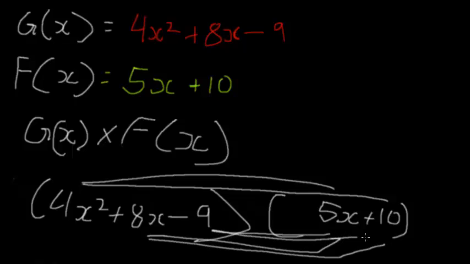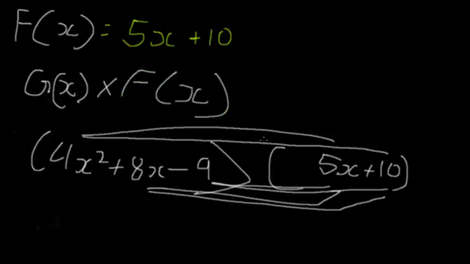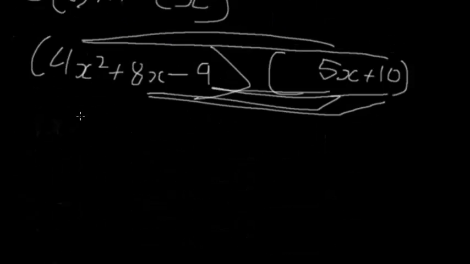It gets messy. So what we can do is group them and make them different colors. So 4x squared times 5x is 20x to the power of 3.